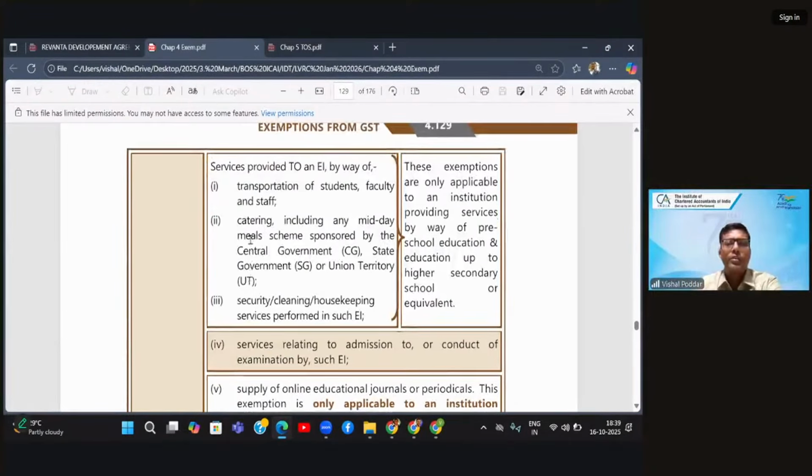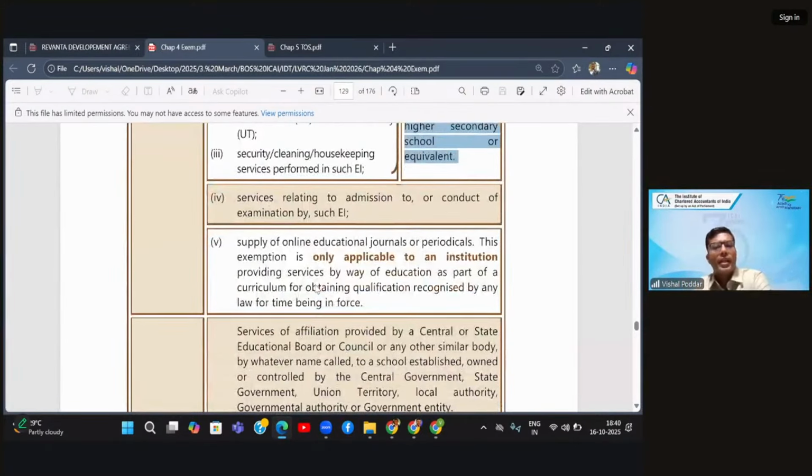All these three services are exempt when these are inward services for an educational institution which is engaged in preschool education, that is up to standard 12. So it is applicable only where the first educational institution is taking the service. So this exemption of inward service is applicable to the first category, that is from pre-primary up to standard 12.